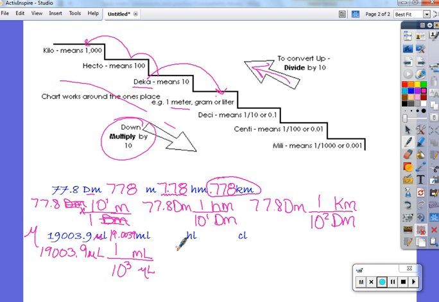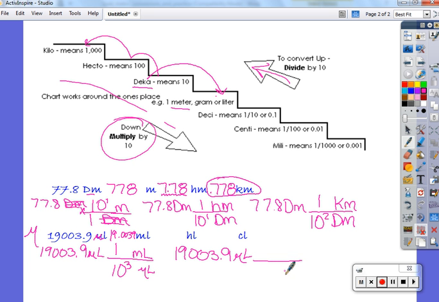Okay, so we have 19,003.9 microliters, and I'm going to hectoliter. A lot of you might want to convert it to a base unit, which in this case would be liters. So there are 10 to the 6 microliters in 1 liter, and then go from liters to hectoliter. That's perfectly fine. I just like doing it all in one step.